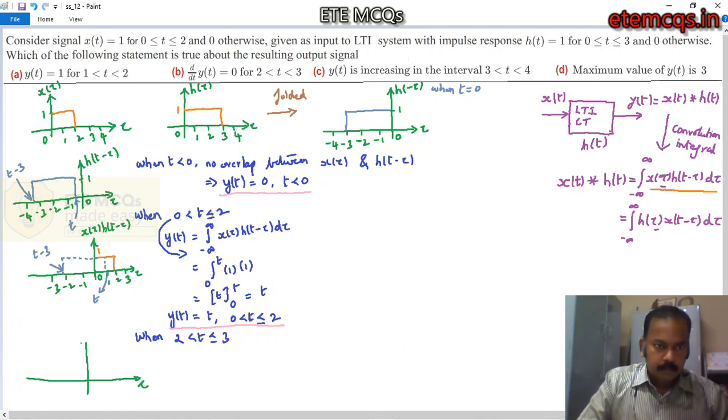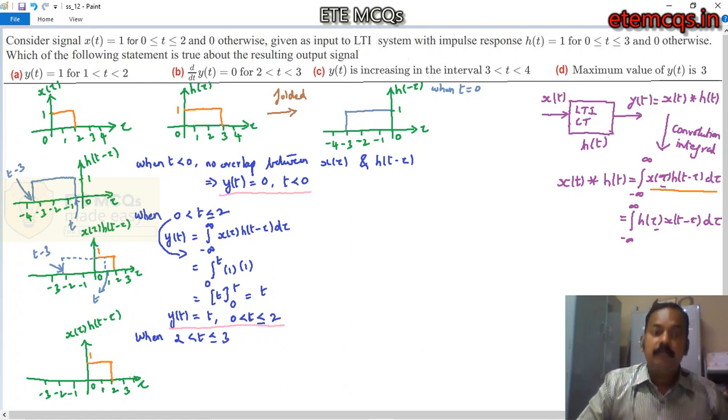So this is tau, this is x of tau into h of t minus tau. You have 0, 1, 2, 3, 4, and it keeps going. Here you have minus 1, minus 2, and minus 3.